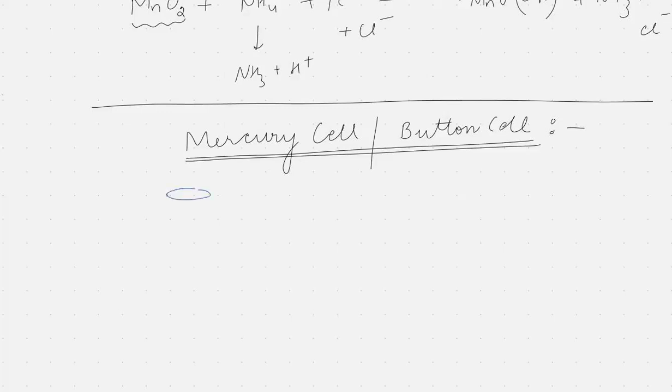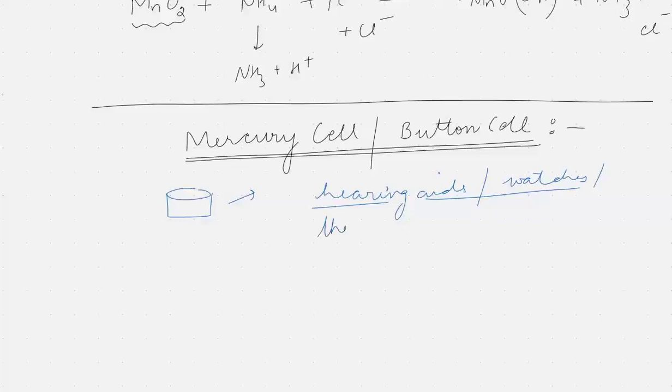Where do you use this? This you use in hearing aids, or in watches. You know, the small devices. This you also use in all the digital watches that we have these days, right? We also use this in digital thermometers that we get. That also uses mercury cells.